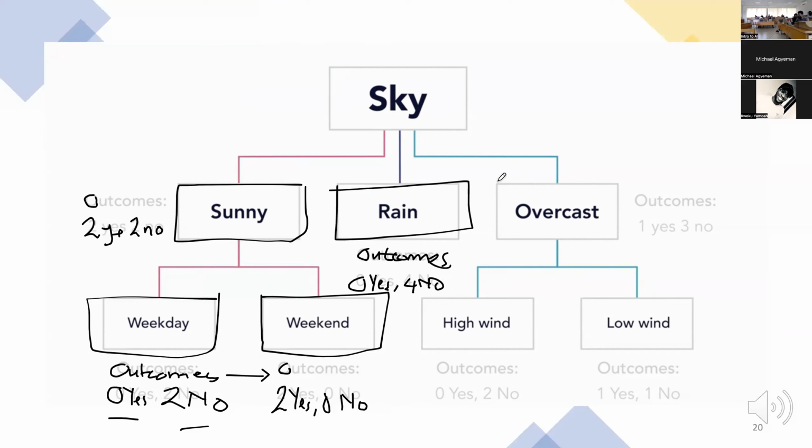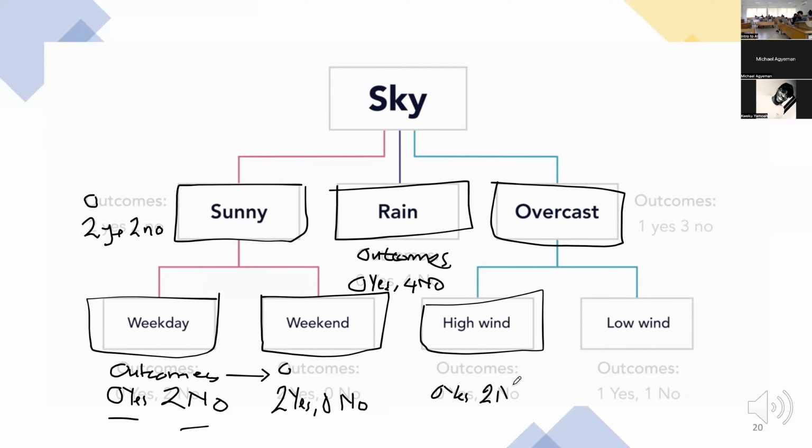However, when it comes to the overcast, we had the high wind. On a high wind day, when it was really windy, there was no day that Yash went to the beach. On 2 counts, of course, he did not go. So we had 2 windy days, but Yash did not go to the beach.